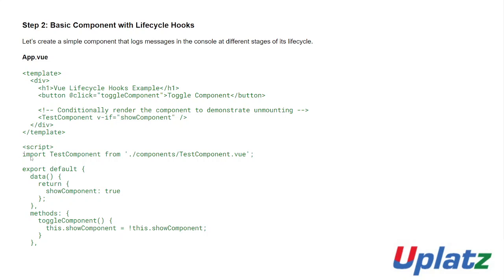Now the script: import TestComponent from ./components/TestComponent.vue. Export default, then within curly braces a data function which returns showComponent: true.